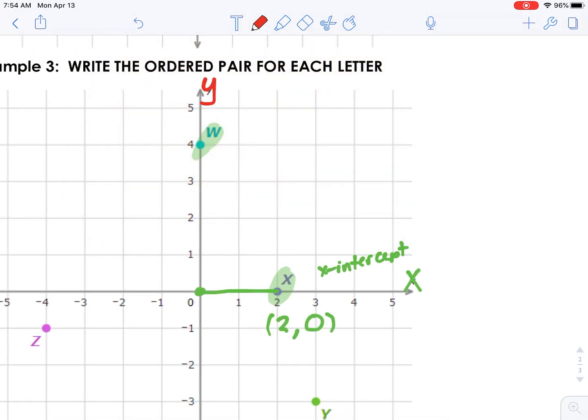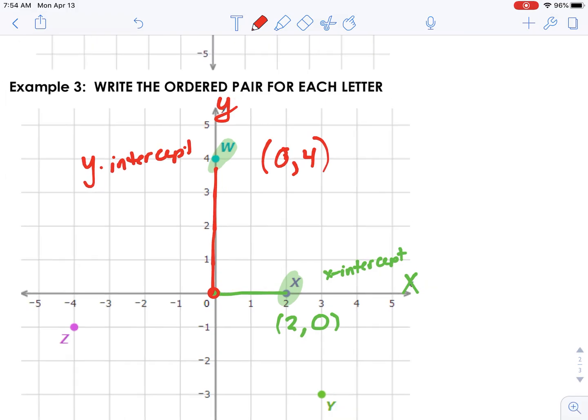This W is on your y-axis, so they would call that a y-intercept. If you start at 0, do we go left or right? Nope. So I'm going to put 0 for my x, and then I go up 1, 2, 3, 4 for my y.